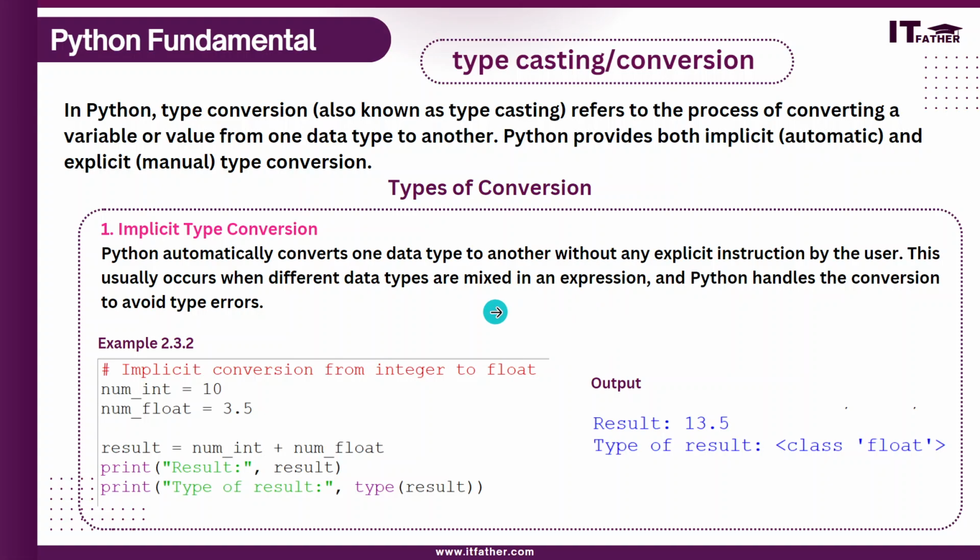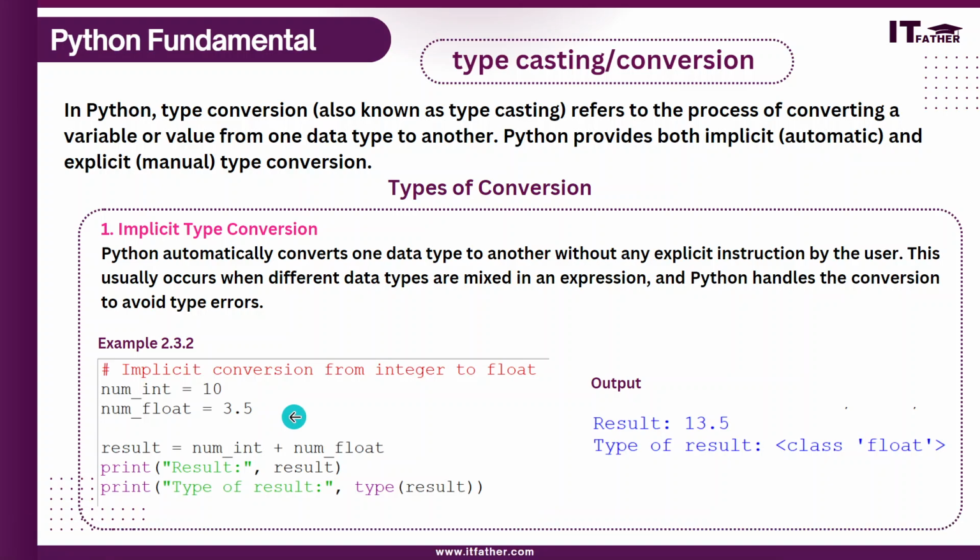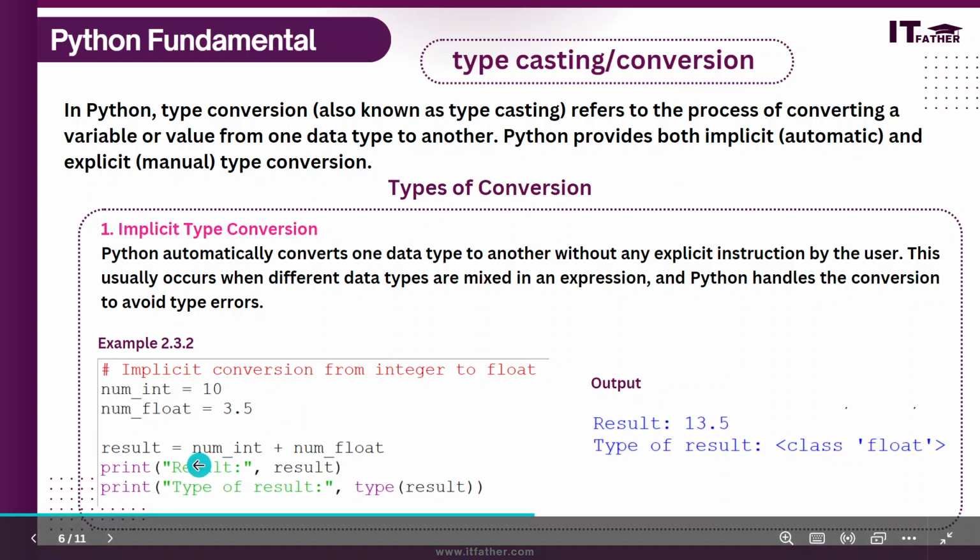This happens automatically when different data types are mixed in an expression, and Python handles the conversions to avoid a type error. For example, here we have the integer value 10 and the floating value 3.5, and we are adding these two values together.